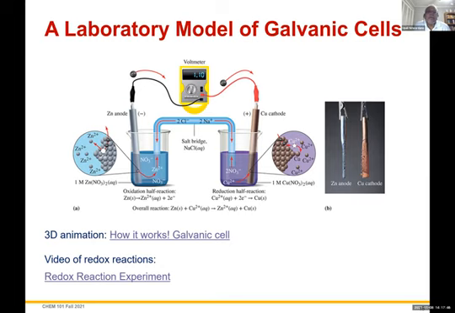Zinc is the anode. Electrons are produced in the zinc by zinc dissolving into the solution on the left side. Zinc goes out of the electrode, leaving two electrons. Those two electrons pass through the wire, and it is shown using a voltmeter.